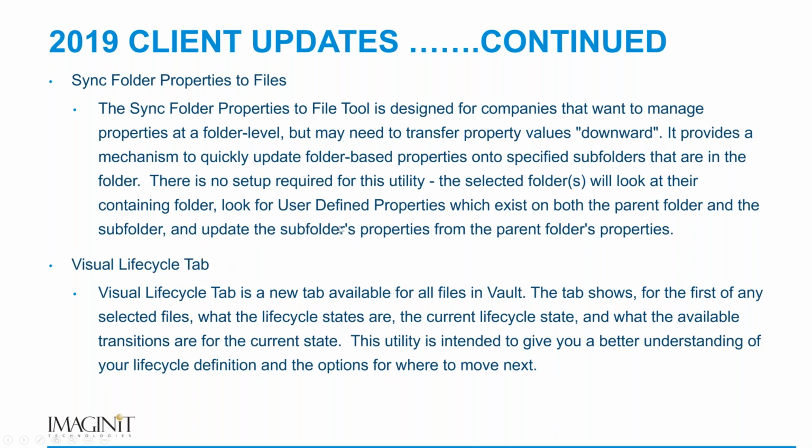Within Vault, you have a new tab down at the bottom. So if you're ever wondering, okay, my file's in a WIP state, where can I transition this file to? Is it just review, or is it a WIP review? Where can I take this file? What is the next state I can go to, or where can I go back from? This is going to help you resolve that.